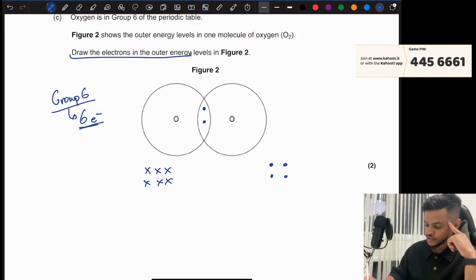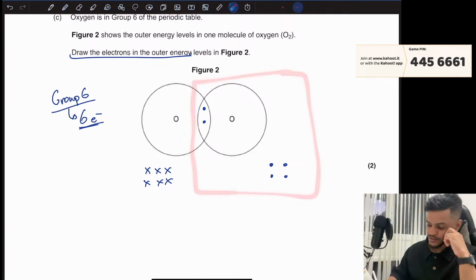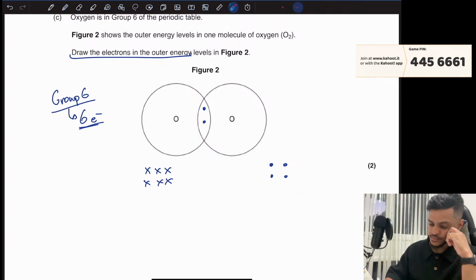1, 2. And we're going to do the same with the right hand side. We have 6 electrons here. How many do we need to get a full outer shell? Again, we need 2. Where is it going to get the 2 electrons from? It's going to get it from this oxygen. So let's do the same thing. Let's get these 2 crosses and put them in the middle here. 1, 2.